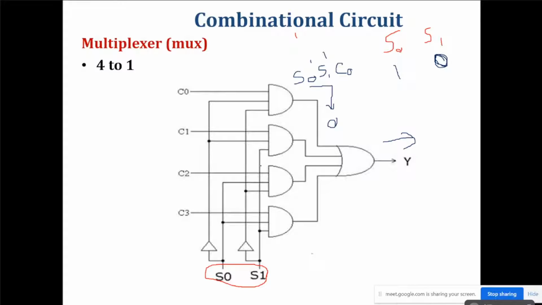For S0 dash S1 C1, what will be the value? Again it is 0. For this one, what is the value?